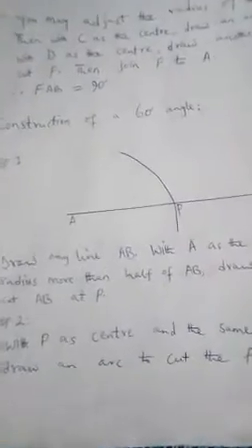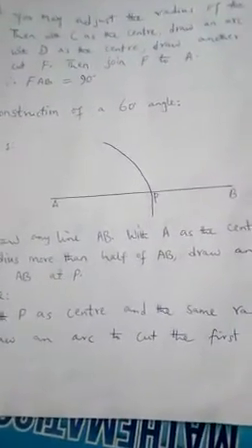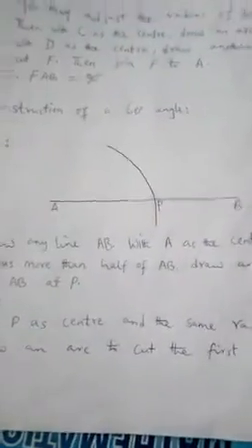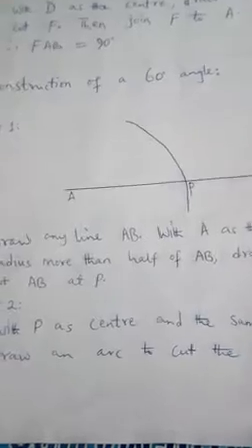Okay, let's look at 60. Construction of angle 60. You draw your line AB with A as the center and a radius more than half of AB.